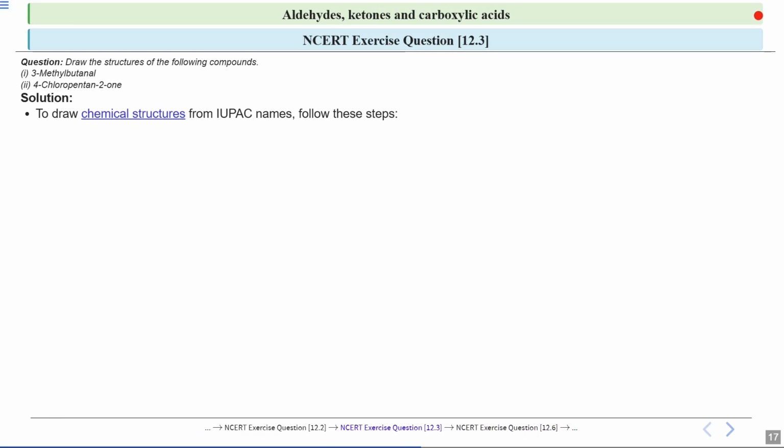So if we have to draw the chemical structures, we have to follow the general IUPAC format. First, you have to identify the parent chain. This means finding the longest continuous chain of carbon atoms, or the main ring if it is a cyclic compound.